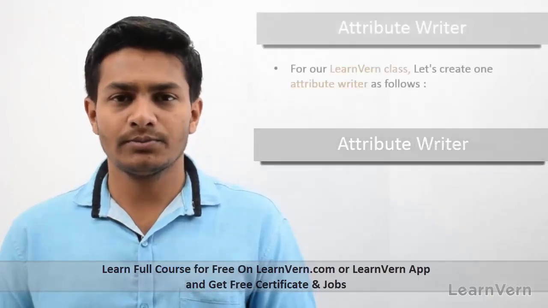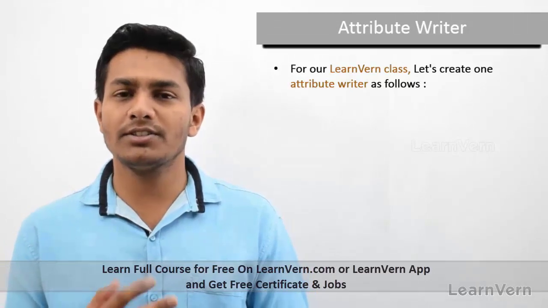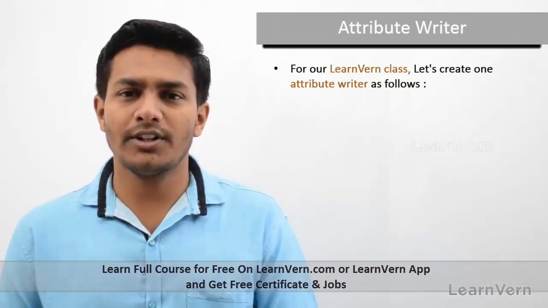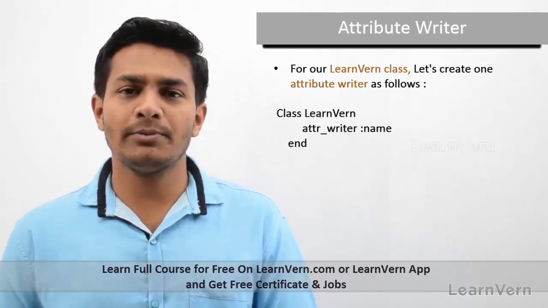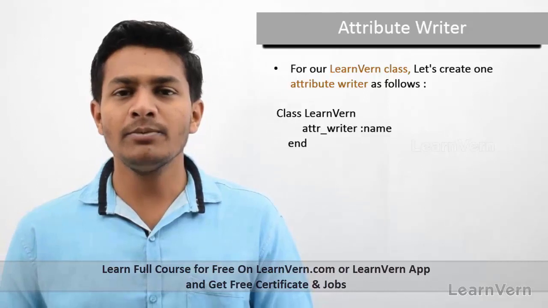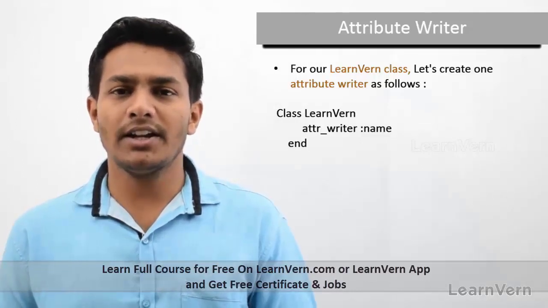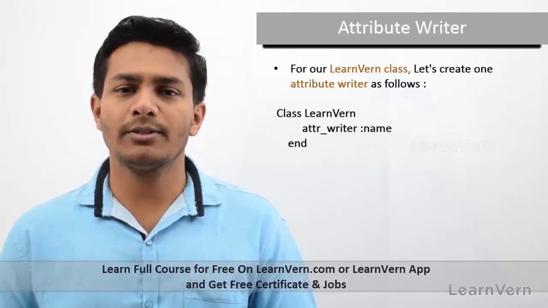Attribute writer. When we want to assign a value to our instance variable, we use attribute writer. Here I have one class named learn1, and I am writing a statement for accessing and assigning a value to my name instance variable.